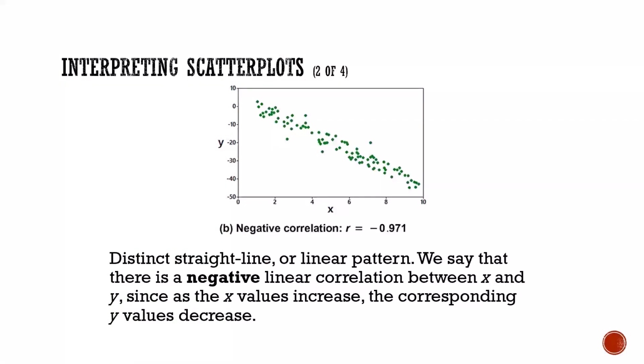You can see that the trend is pretty strong, but is there a line that I could draw that all of these points would fall on? What do we think, everybody? No, right? Now we can follow the general trend. So notice, when you're looking at a negative trend, this number is fairly close to -1, which means you have a very strong negative linear correlation.